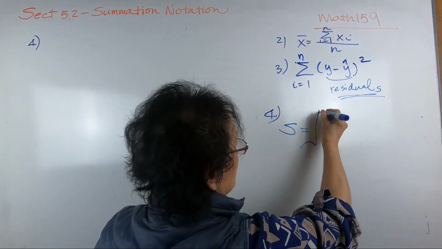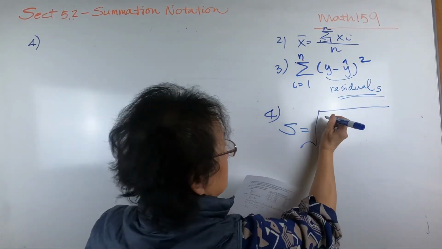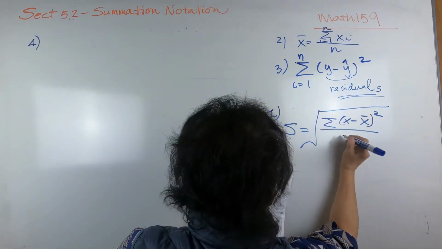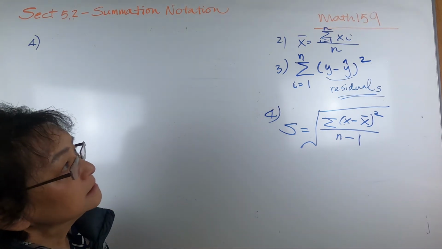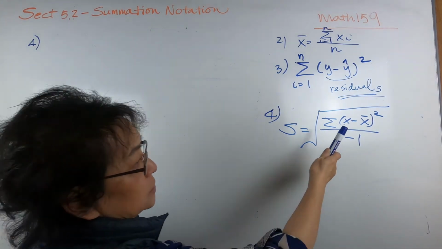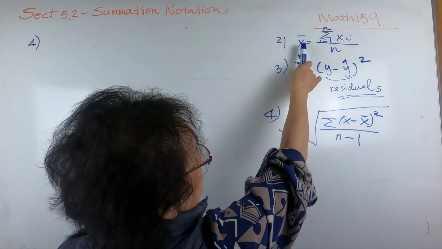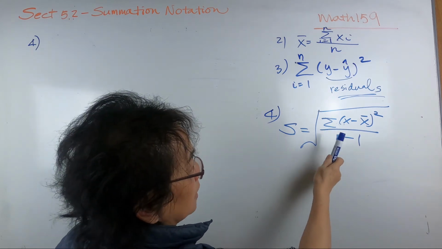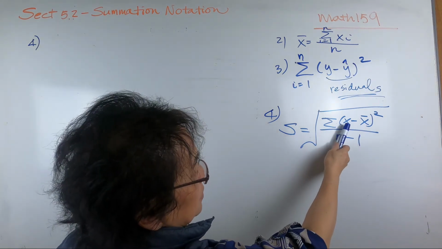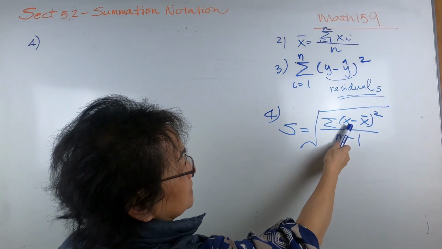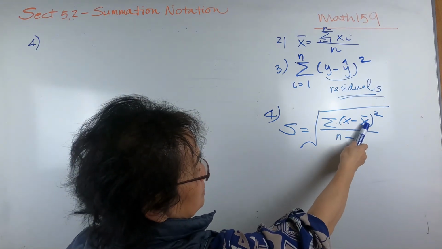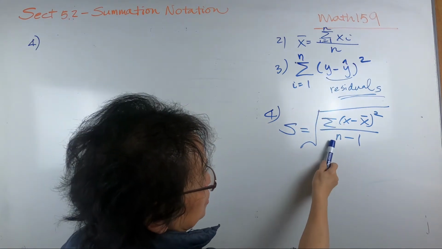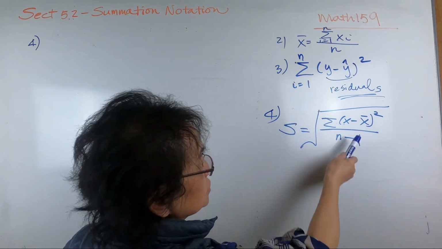Then the formula is what? Like this, okay? Sigma x minus x bar, take a square, over n minus 1, right? So you have x bar, that's your mean, which is the average of all your x's. Then you are going to find the difference between the actual number, the data point, and your average. Then you square it, like residuals. Then you find the summation, you divide it by n minus 1, you take a square root.